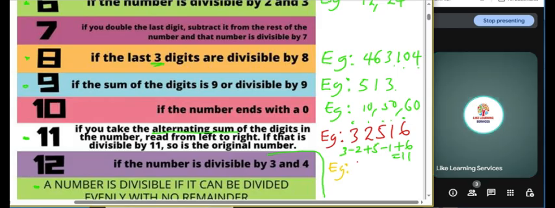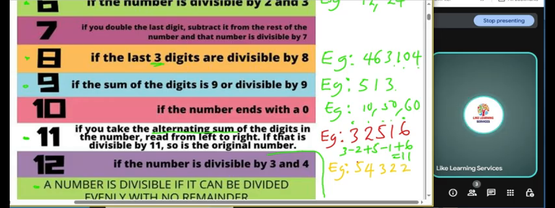Let's see this one: 5, 4, 3, 2, 2. 5 minus 4 is 1, plus 3 is 4, minus 2 is 2, plus 2.